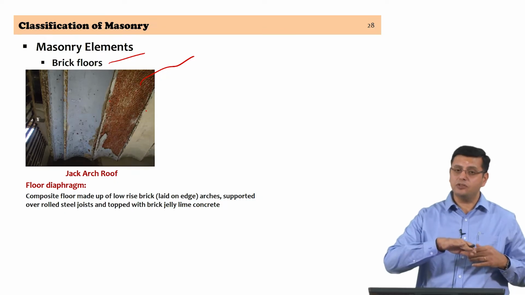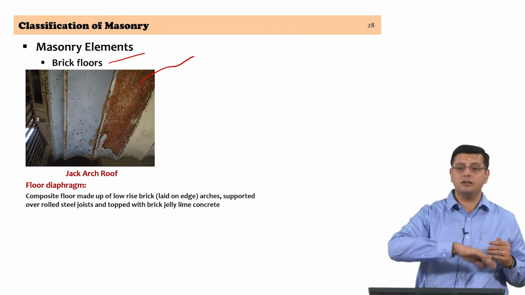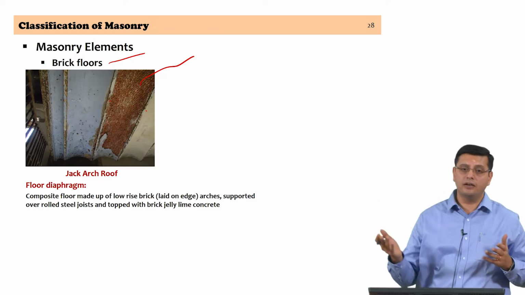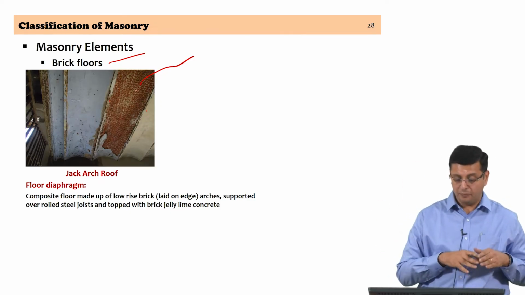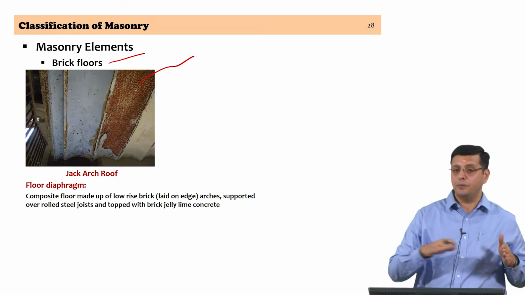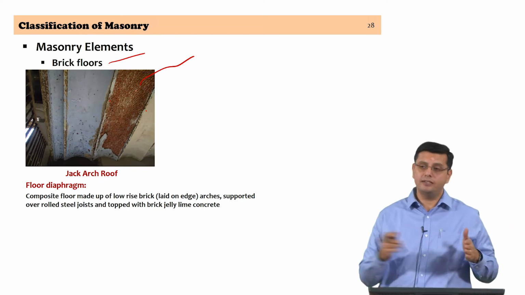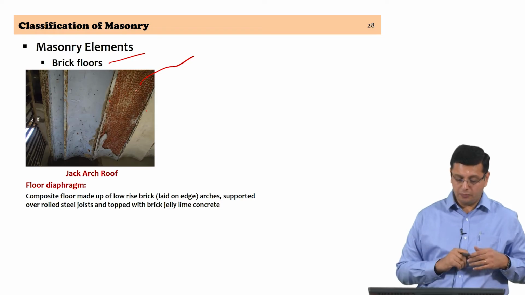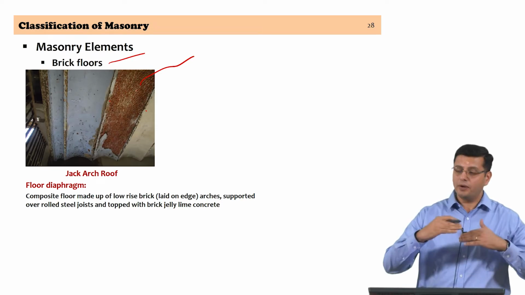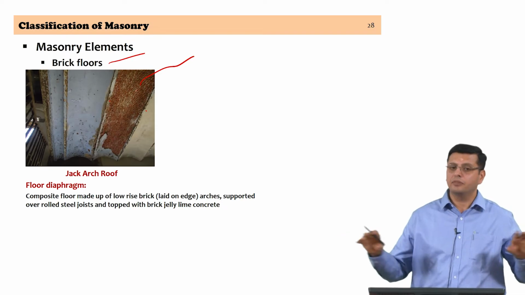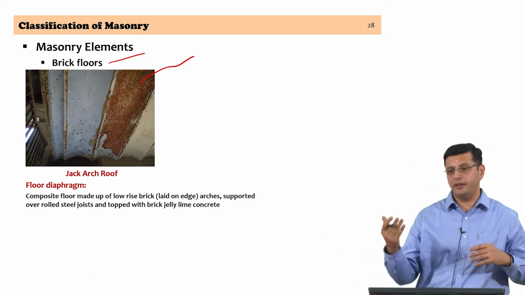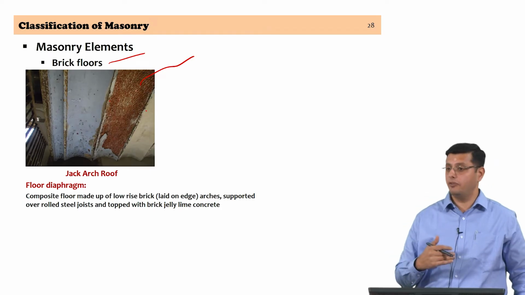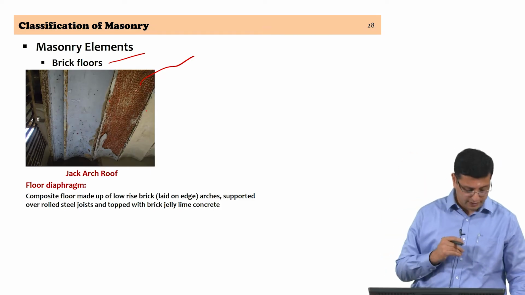The arch is of low rise, it is not a typical semicircular or segmental arch, it is a very low rise arch with a very large span to rise ratio, and then over this entire composition you have a concrete layer as a topping, and then finished off depending on whether it is an internal floor or the roof itself.